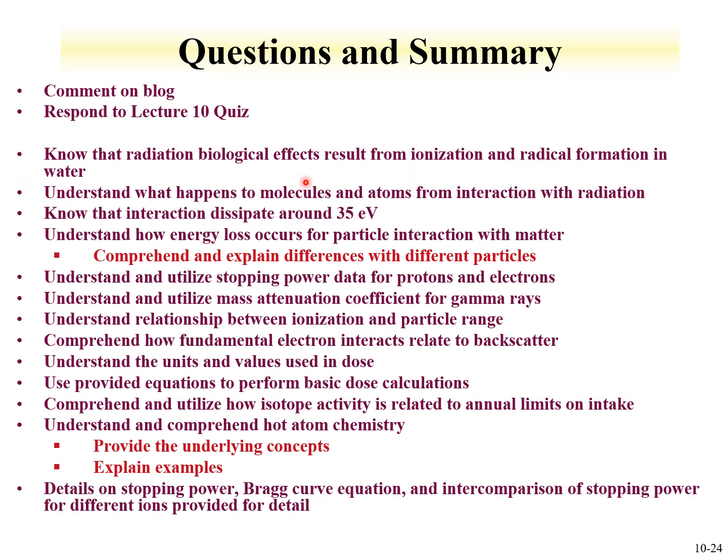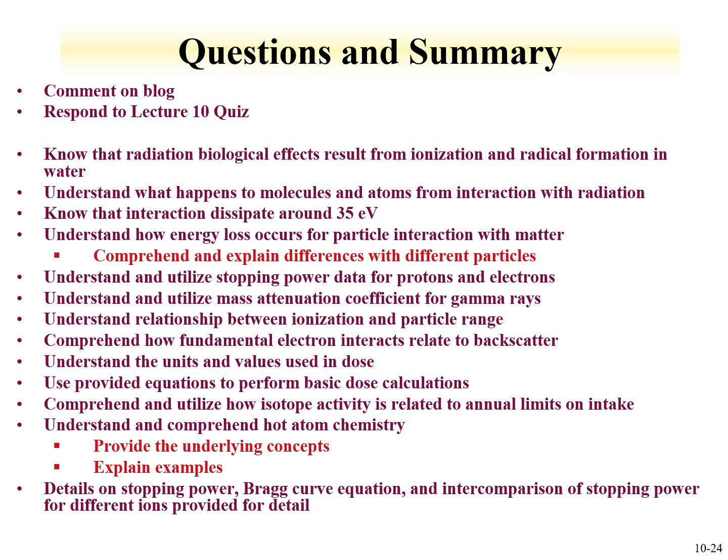You should know that interactions of radiation with matter dissipate on the order of 35 electron volts, and this is used in detectors to determine energy of particles. You should understand how energy loss occurs for particles' interactions with matter, and comprehend and explain the differences with different particles: protons, charged particles, electrons, photons, and neutrons.